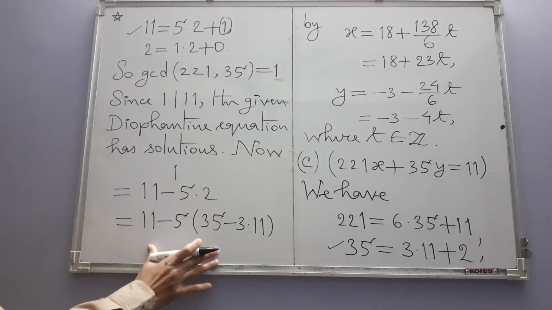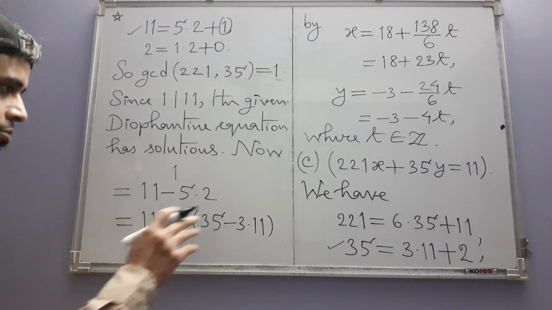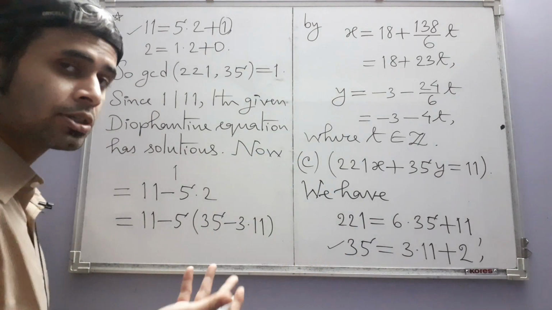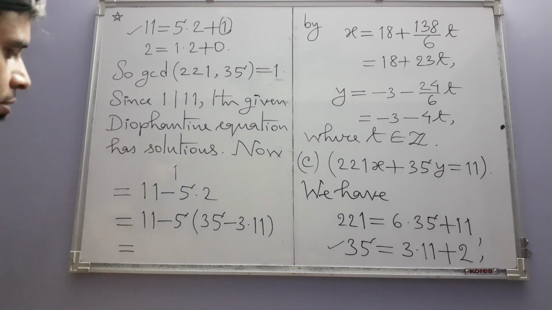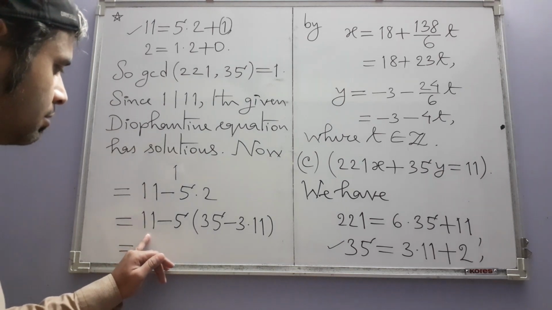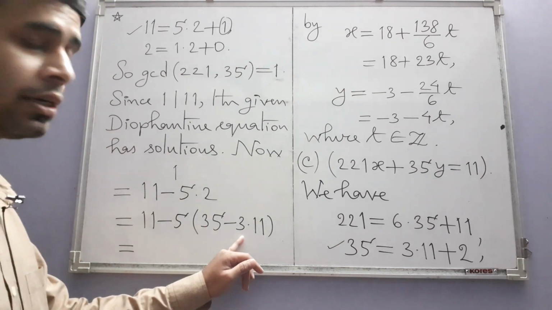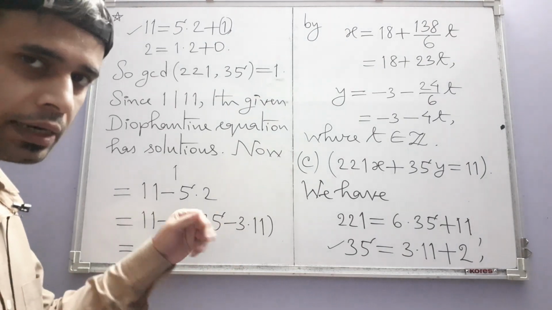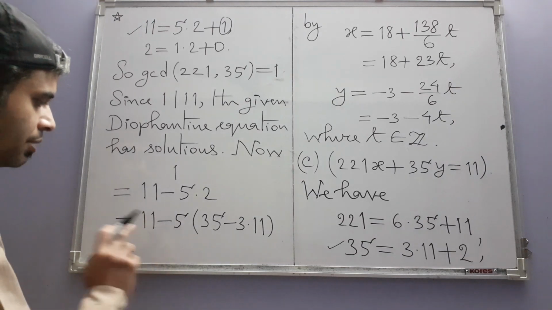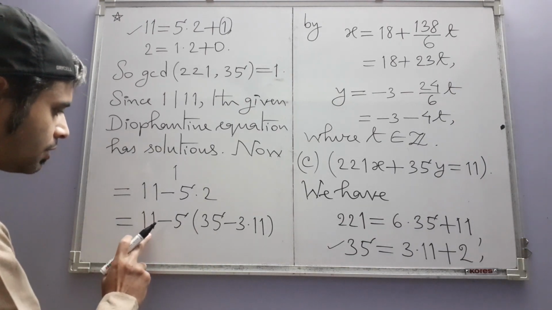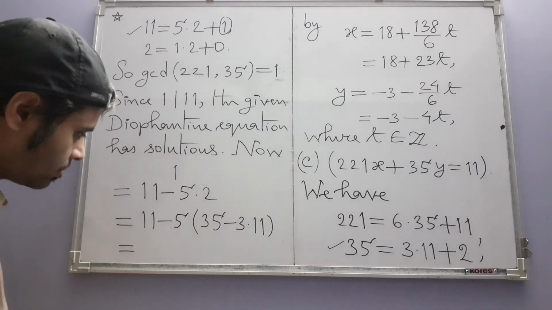And we are not stopping here itself, because we have to use another equation. Before you do anything, you first do whatever needs to be done here itself, and then only you use the previous equation. By that I mean you collect the 11s together.